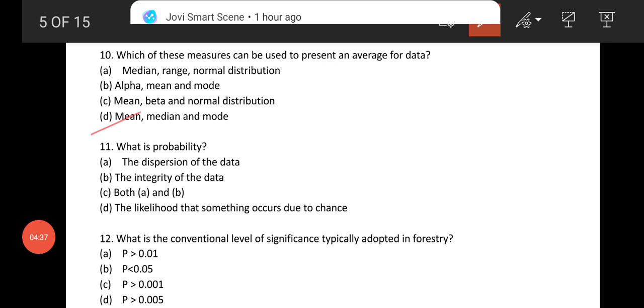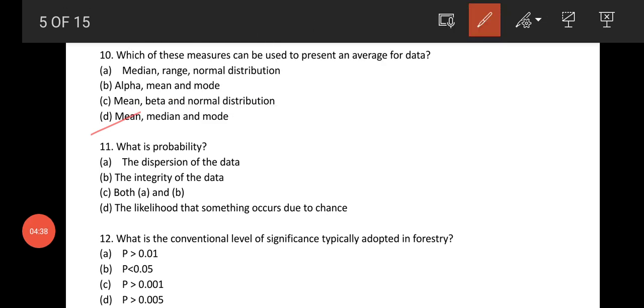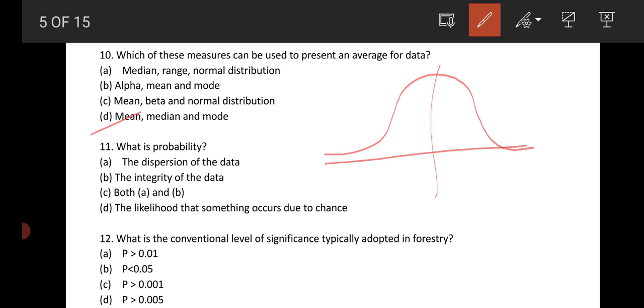Because in a normal distribution we can see the bell-shaped curve where the central value is mean equal to median equal to mode.